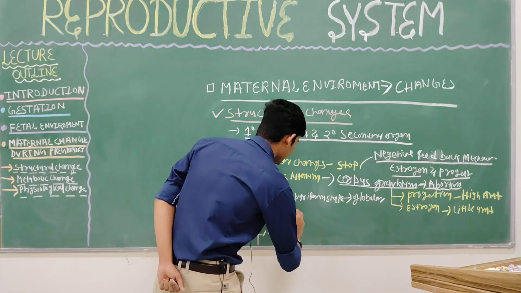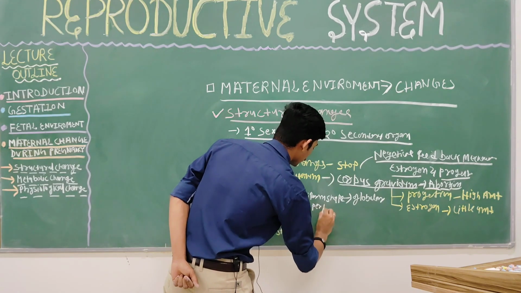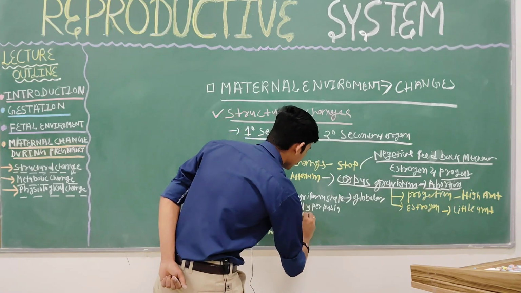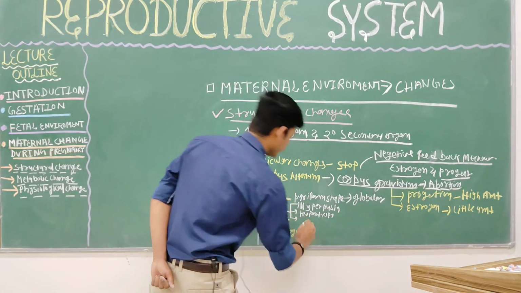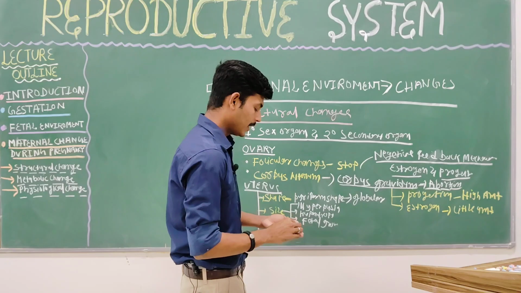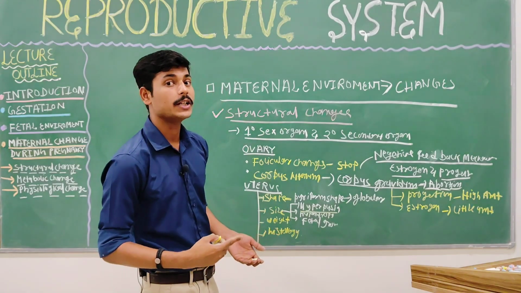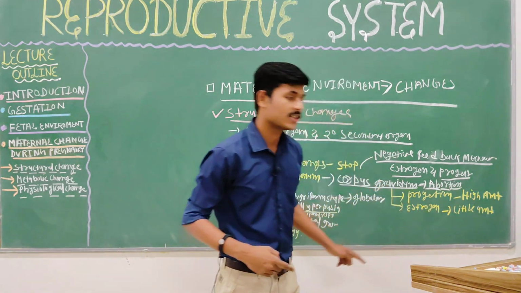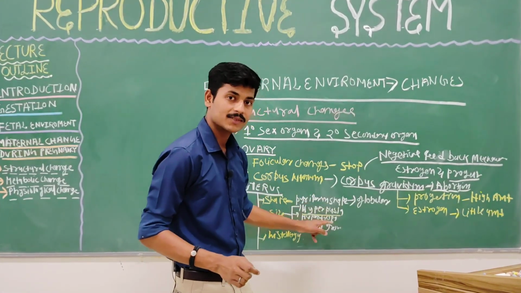If we talk about size changes, there will be three things. First is hyperplasia, then hypertrophy, and size also changes due to fetal growth. Hyperplasia denotes an increase in the number of cells of the myometrium, not the endometrium. The endometrium undergoes proliferation under the effect of estrogen and progesterone, which we will see at implantation time.